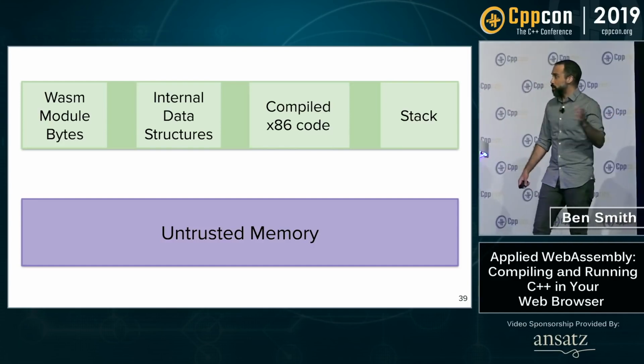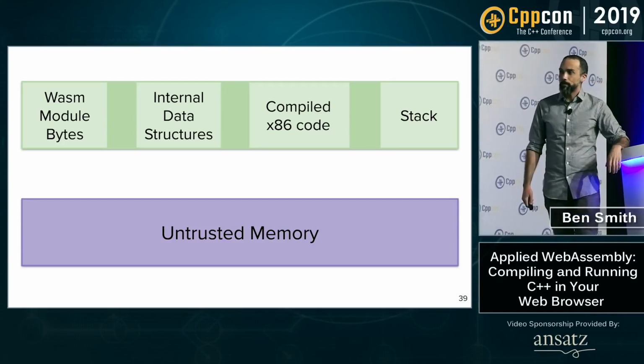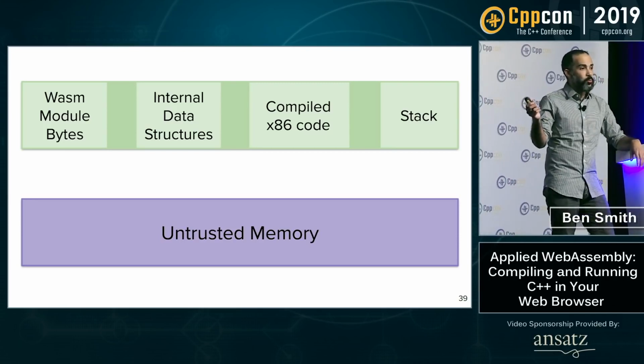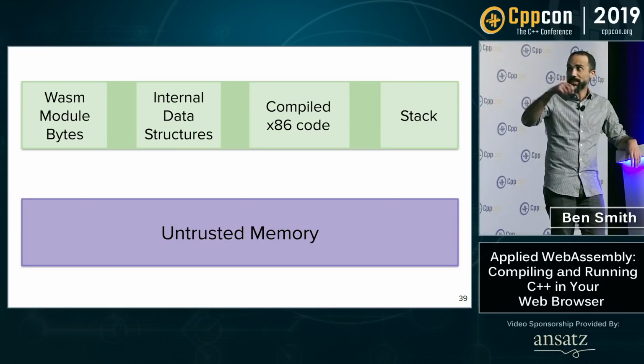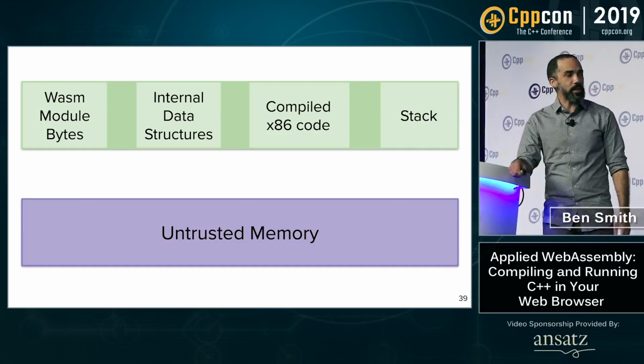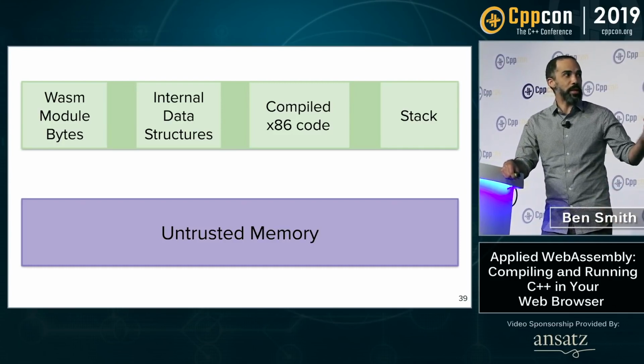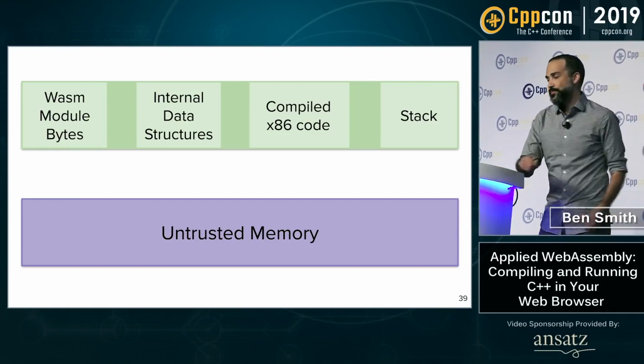And then at the bottom, you'll see our untrusted memory. That's the only memory that WebAssembly can actually access. It can't access any of the stuff on the top. And this does prevent a certain class of exploits. For example, return-oriented programming isn't possible with code like this because you can't modify the stack.